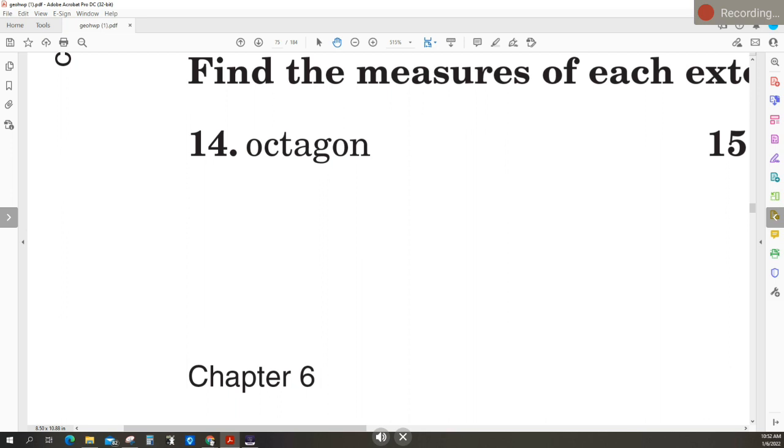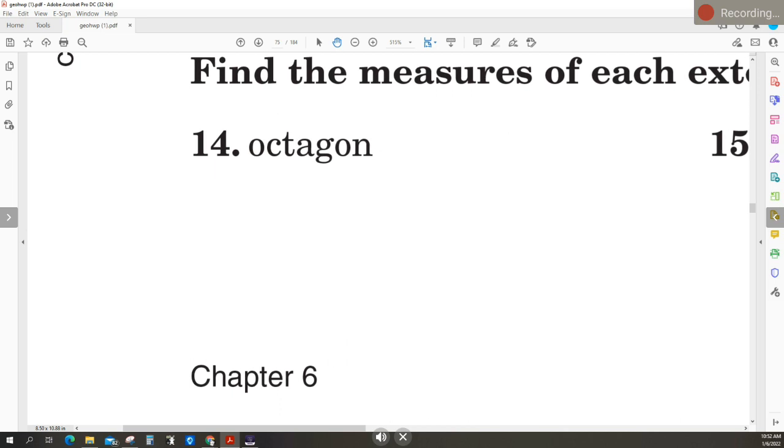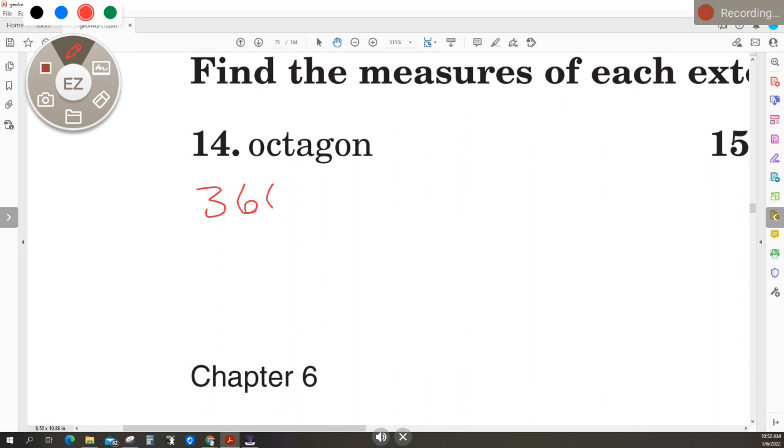So, if it's regular, that means they're all the same size, right? So I can do 360 divided by 8, and that will give me what each exterior angle is. What is 360 divided by 8? 45. So each exterior angle is 45 degrees on a regular octagon. Okay?